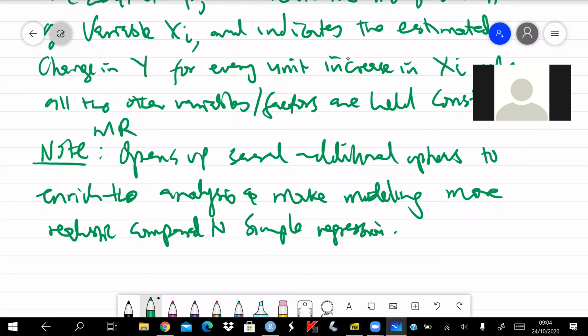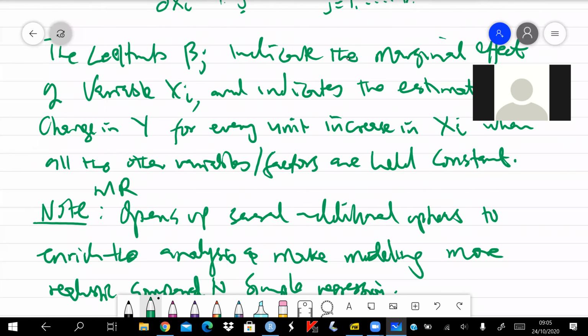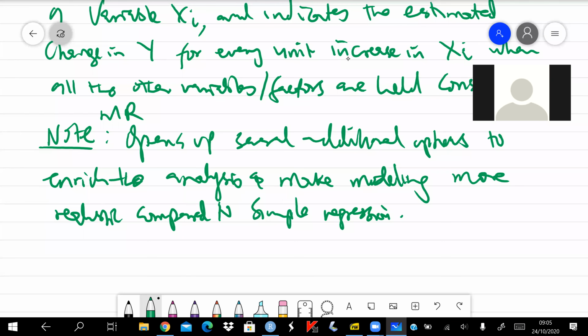So a simple regression model was quite limiting, because more than 83% of the variation in the wages was explained by factors which were not captured in the model. Now when you use a multiple regression model, you are able to allow more factors to be at play in the modeling, and that will give you a more realistic prediction of the variable y, or the dependent variable in this case. Okay. So that's just a note.